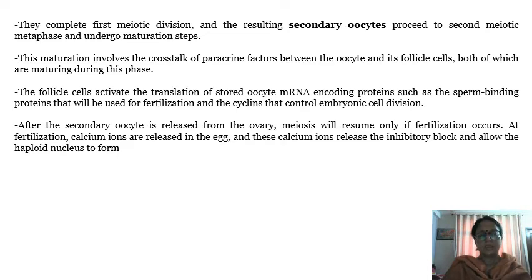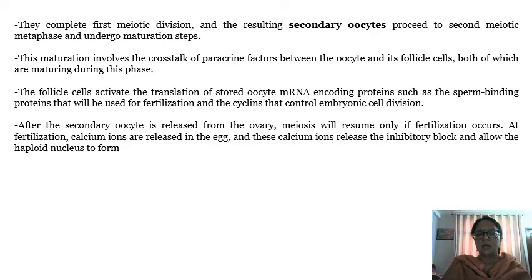So the next is this arrested first meiotic division, which will resume once an individual reaches puberty, and the resulting secondary oocyte proceeds to the second meiotic metaphase and undergoes maturation steps.